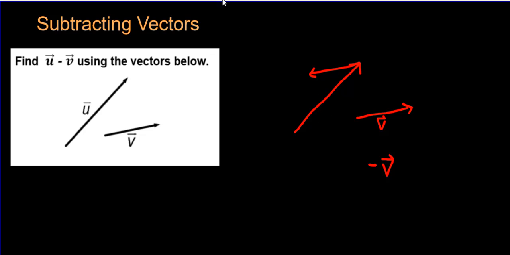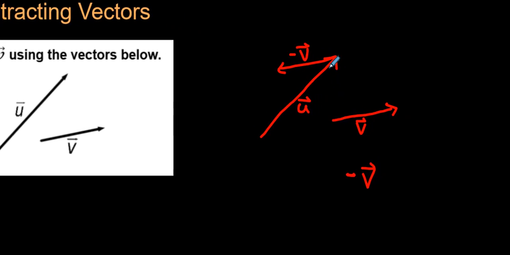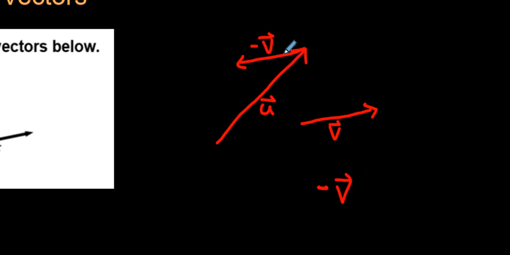And so when I subtract these vectors, and I'll quickly write them in, here's vector u, here's vector negative v. All I'm doing is adding the opposite, and I've drawn them out like this. I'm adding the opposite. So all I want to do is draw in the resultant vector now from here to here. And this technically is vector u minus v.